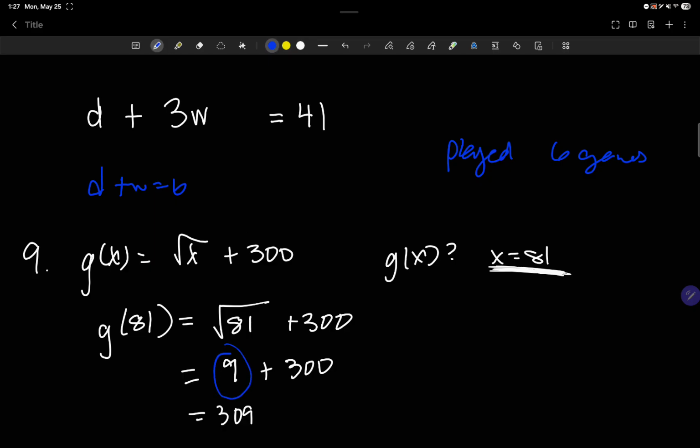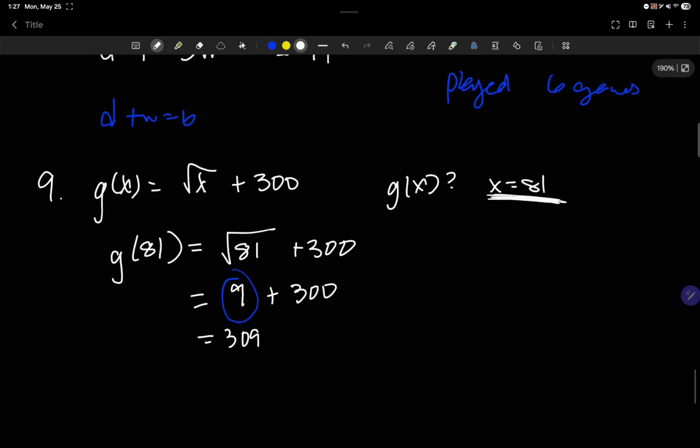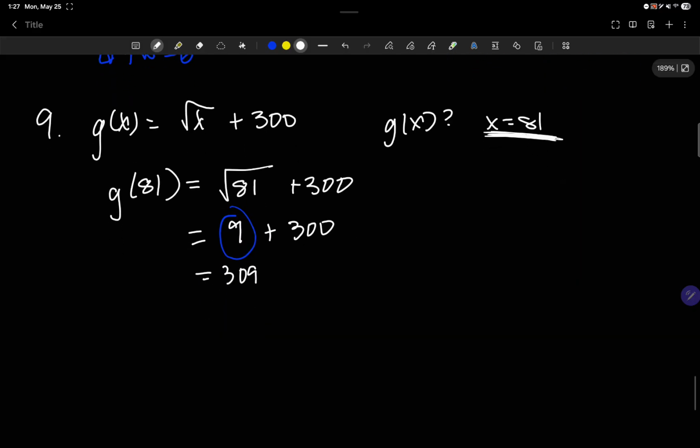Now, I'm going to ask you this: how come I did 9 and not negative 9? If my understanding is correct, or at least what I was told in school, it's asking for the principal root. The principal root of 81 is the positive one. If it was asking for the negative, there'd have to be a negative sign in front. Yeah, that's what I tell my kids.